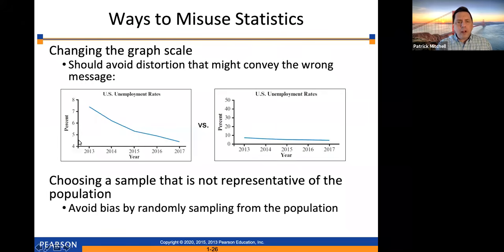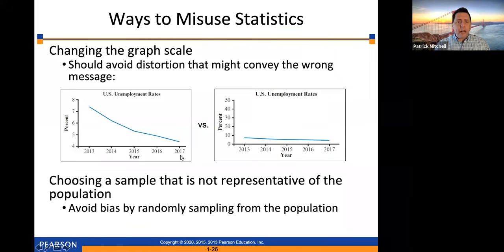So, of course, on the one on the left, the vertical axis just goes from 4 to 8%. And so the decrease in the unemployment rate from 2013 to 2017 appears a lot more dramatic, right? Now, if you make the vertical scale 0 to 50%, this almost looks like a flat line. It almost looks like there was no change in the unemployment rate.